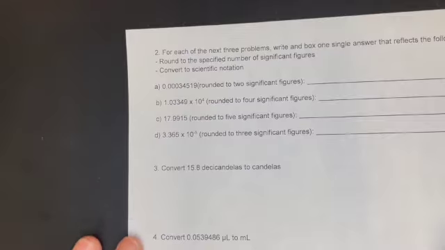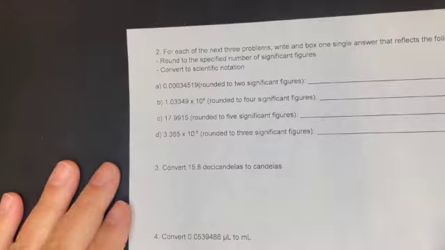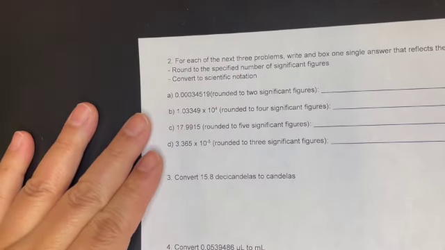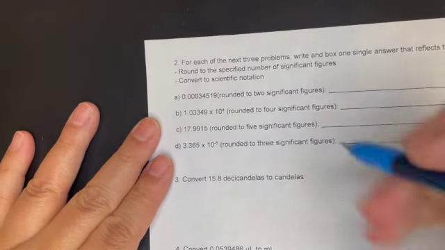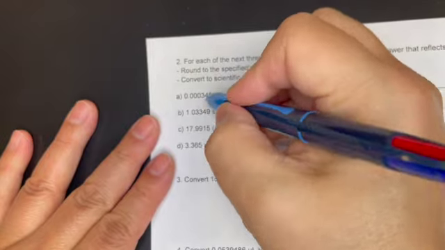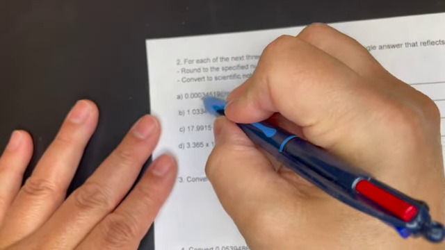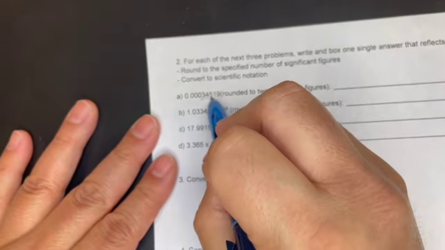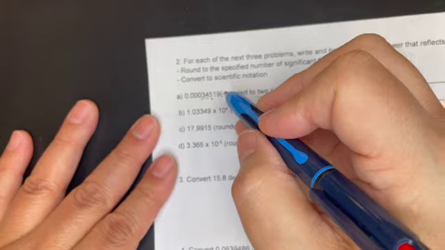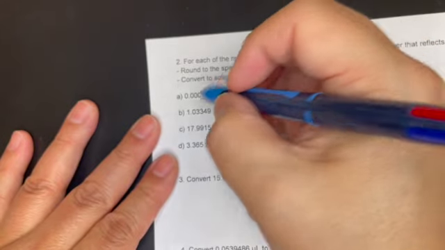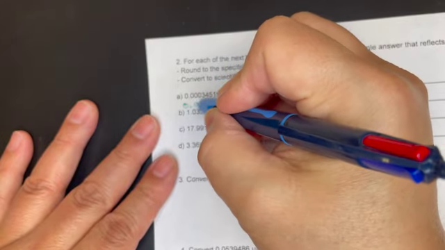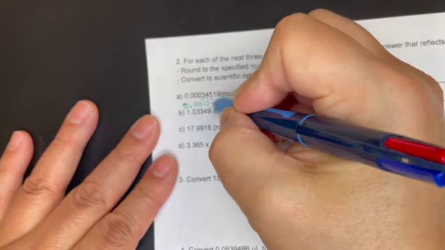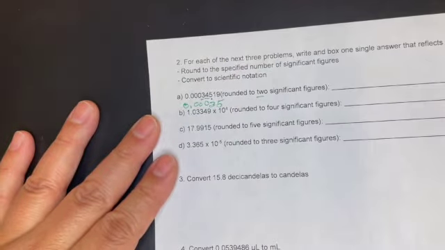For each of these, we're going to round to the defined number of sig figs. Right. So here we have the first sig fig is a 3, and they're asking for 2 sig figs, so we're going to go 2. But this is a 5, so we're going to round up. So that would be 0.00035.